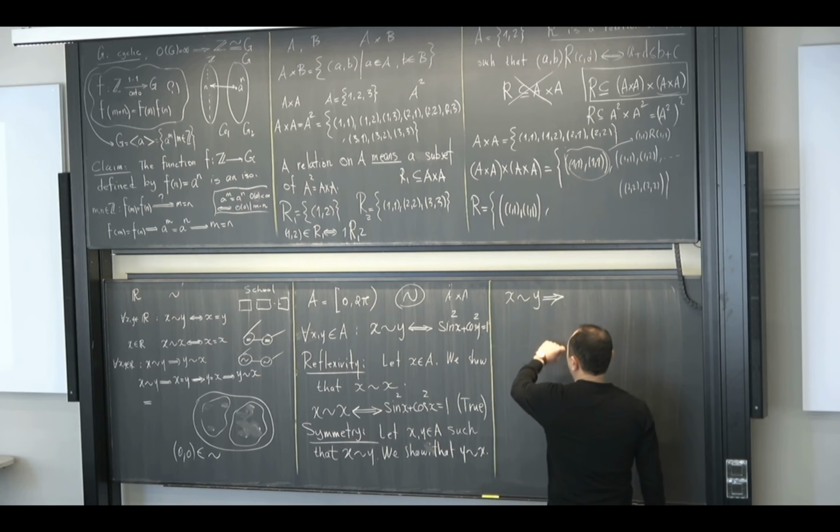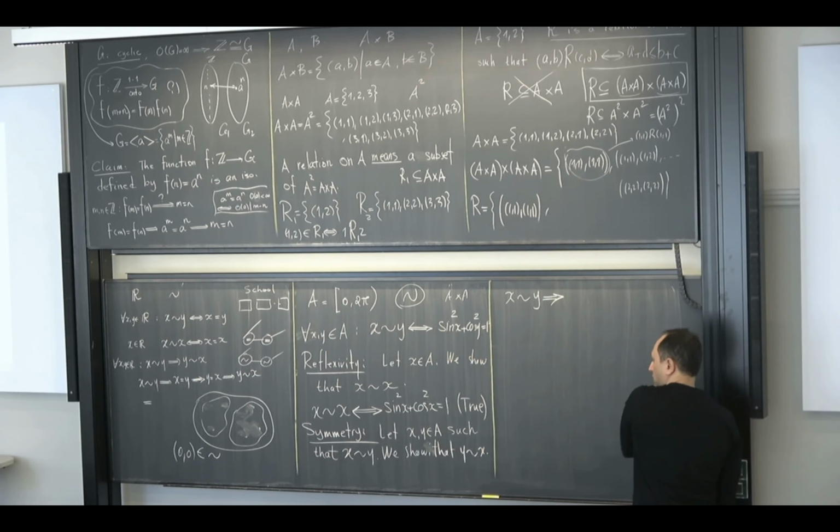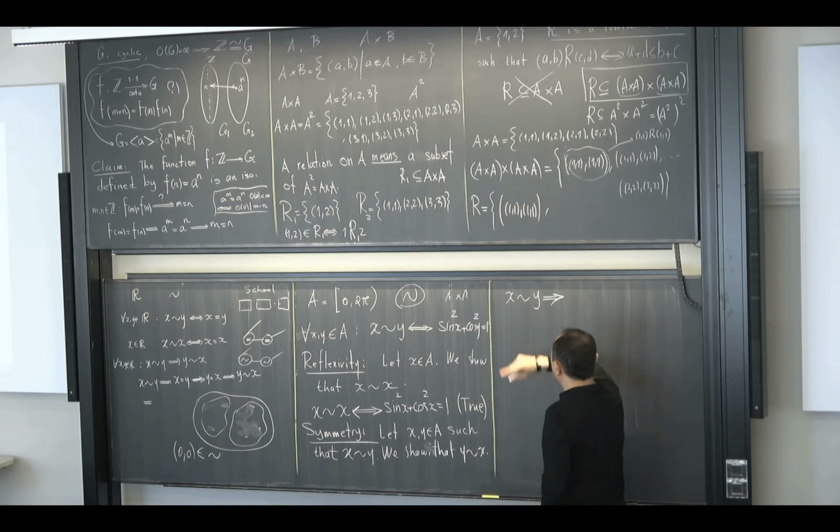Even though it is equivalent, I don't need to write equivalency here because I want to go in this direction. So X is related to Y. What can I conclude? I can conclude that sine X squared plus cosine Y squared is 1.